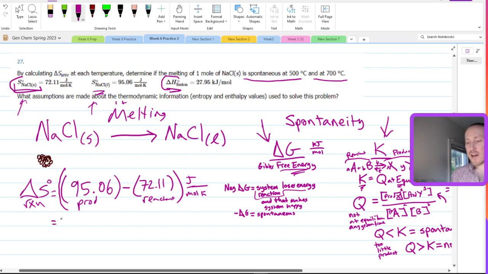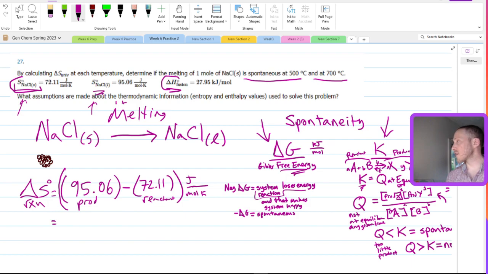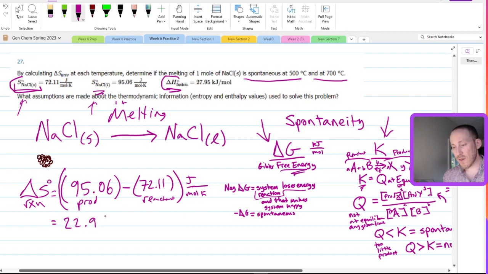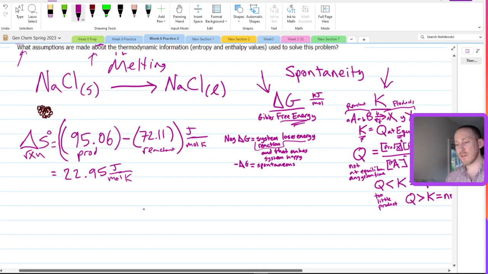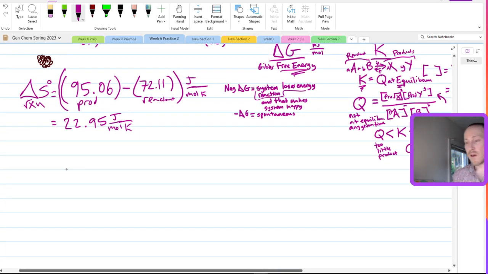And so the delta S for this reaction is going to equal, I feel like I should do that in my head, but since I already just blabbed on for way too long, I'm just going to look, 22.95 joules per mole Kelvin. Now, in just a sec, we're going to see why we want to start thinking about this in terms of kilojoules right away.